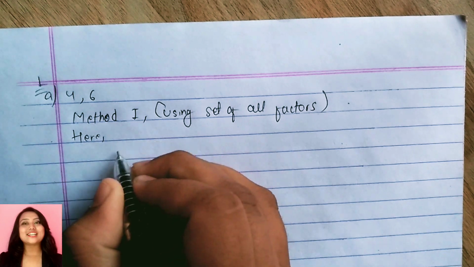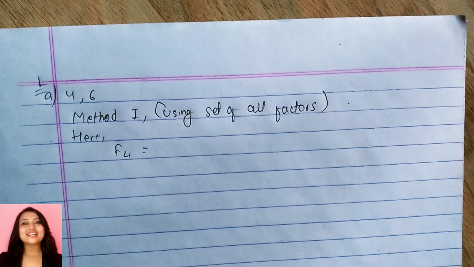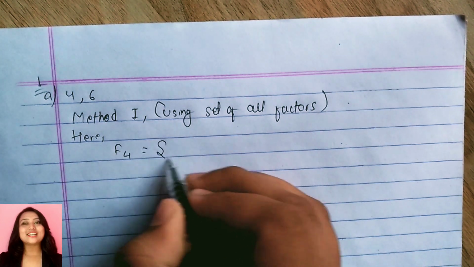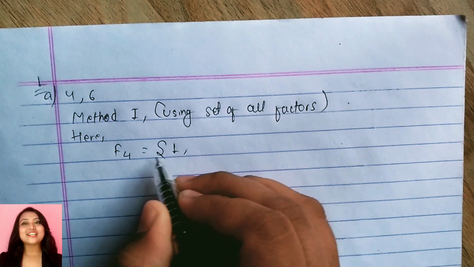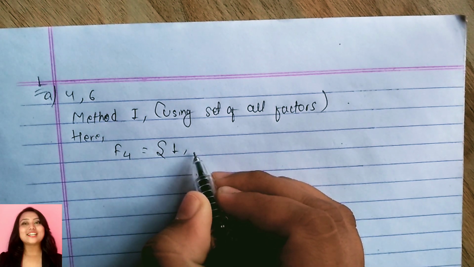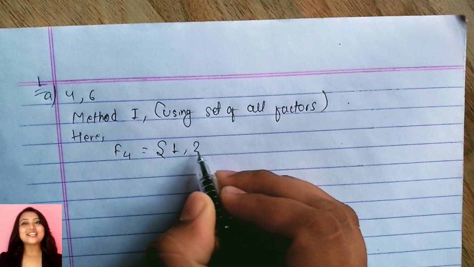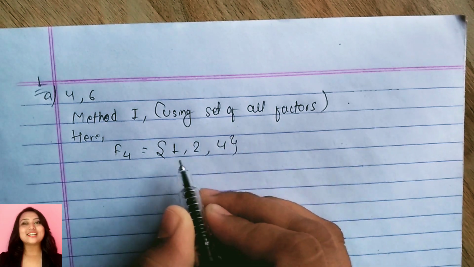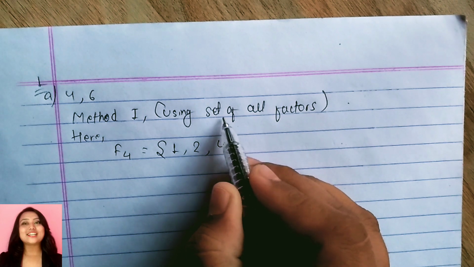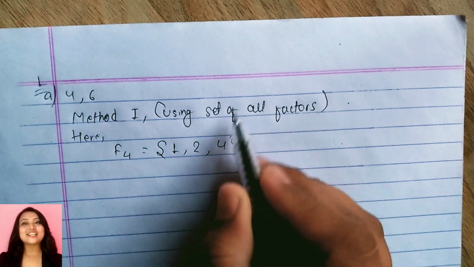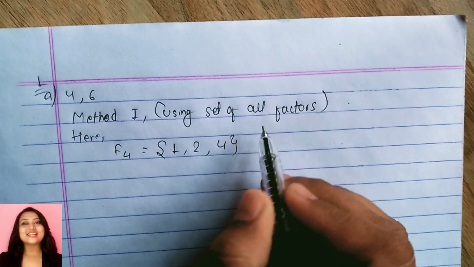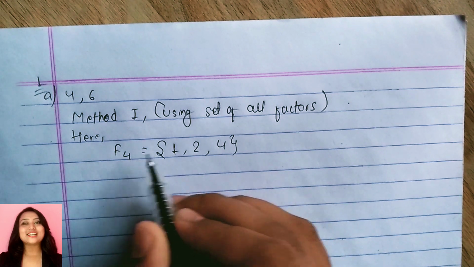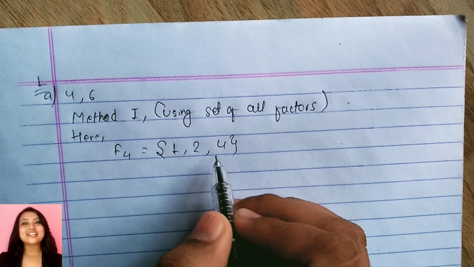Here, the factors of 4: what are they? We start from 1, and 2. Will 2 be a factor or not? Yes, there will be, because 2 2s are 4, and finally there will be 4 itself. Always remember that when we have to find all the factors, 1 and the number itself will always be factors.